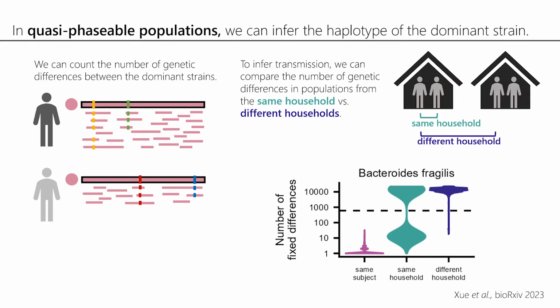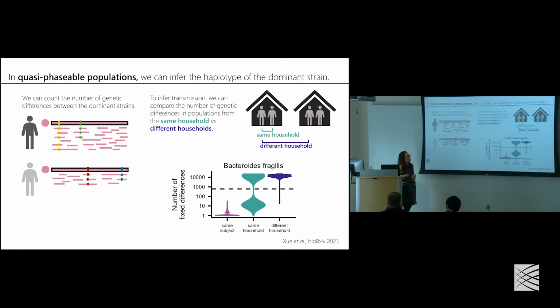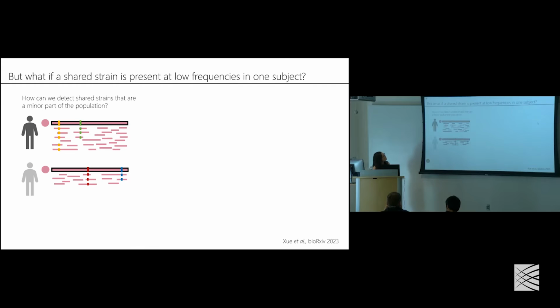This is consistent with the expectation that some people have had a strain transmission and then potentially some within host evolution that causes a limited amount of divergence. And then you also have people who, although they both carry the same species, just acquire different sources. So this is one method for inferring when transmission has previously occurred within these populations.